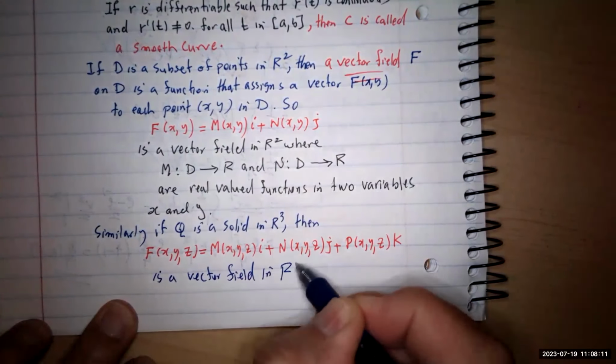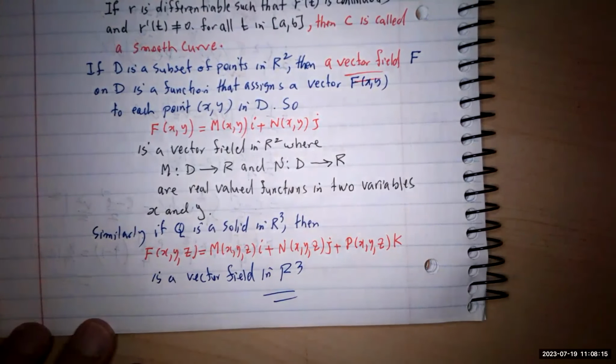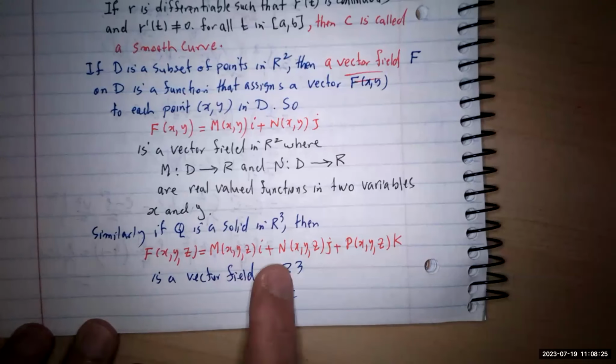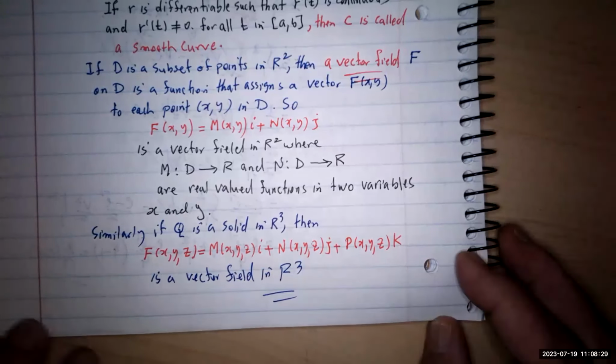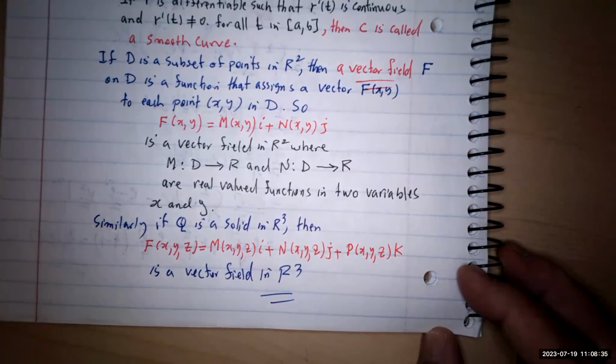This is the most general function, if you like, that you have in this course. And sometimes we write this in short, we just say M and P, and we understand that those are going to be the component functions of the vector field that we are going to have. Any question?